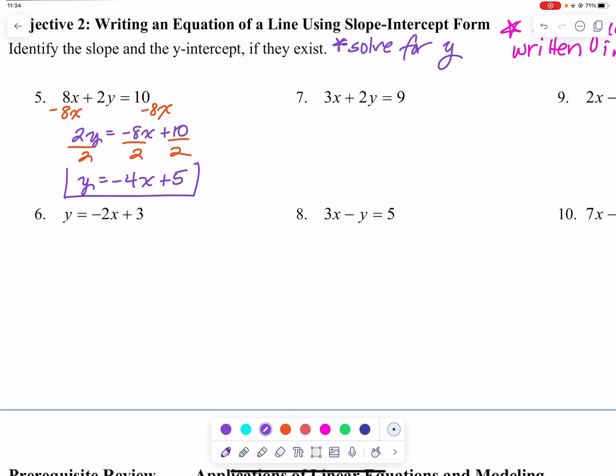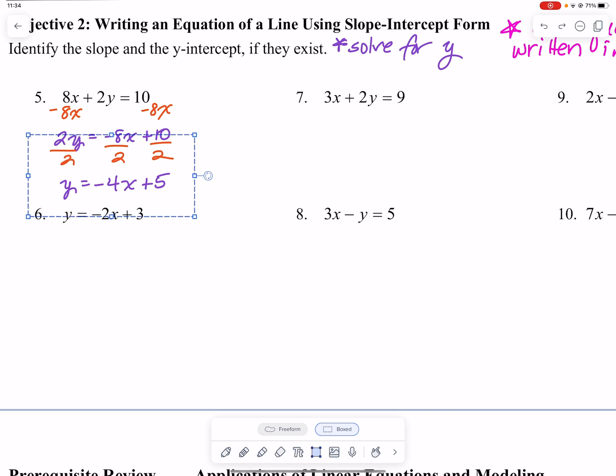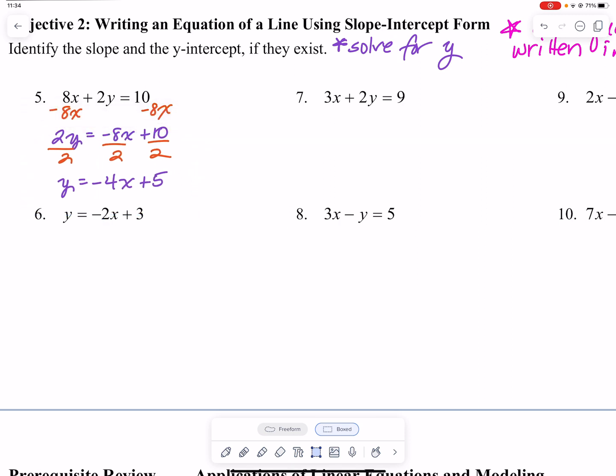Okay, so with that, they have asked us to identify the slope and the y-intercept. So all we need to do is say that the slope is negative 4 and the y-intercept is 5.